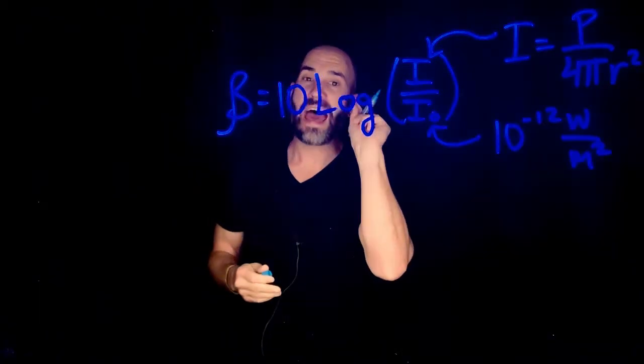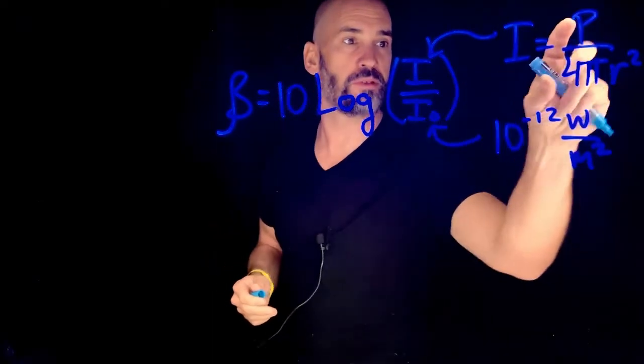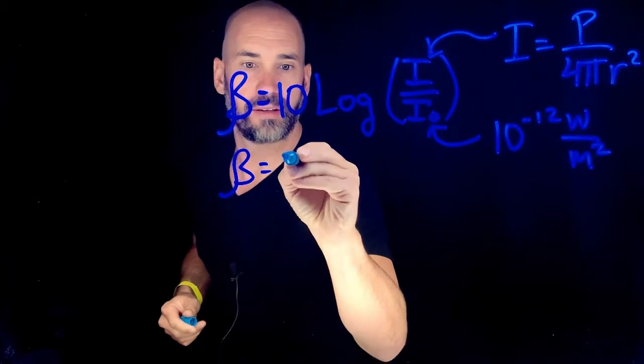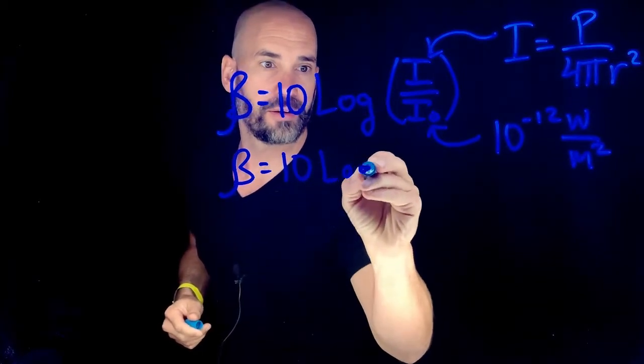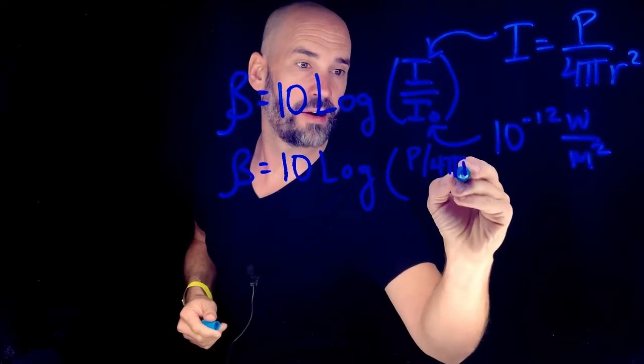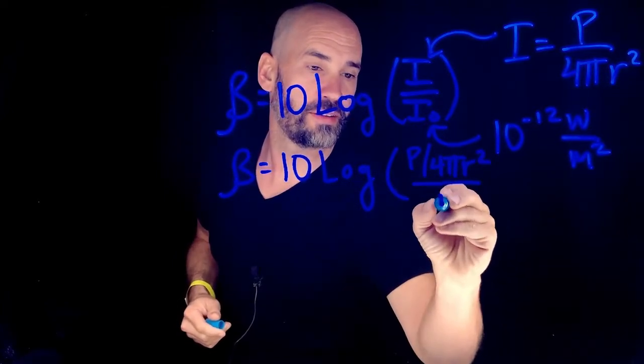So that tells us we probably want to substitute this in for I. It'll instead look like beta equals 10 log P over 4 pi r squared over 10 to the minus 12.